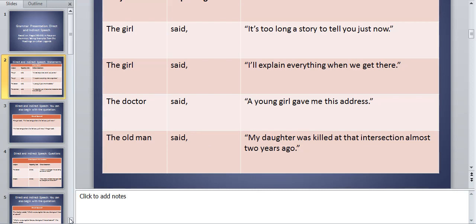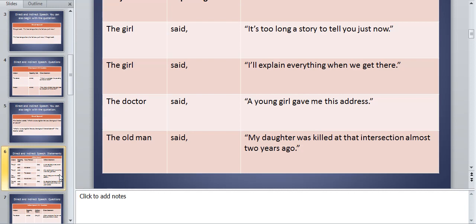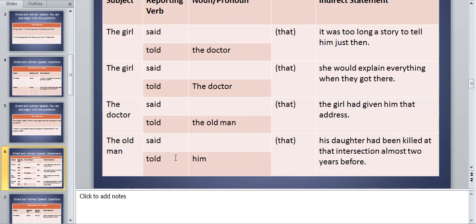And here, the old man told him that his daughter, that's the old man's daughter, had been killed, I'm going to the past perfect tense, at that intersection instead of this. And almost 2 years before instead of almost 2 years ago.